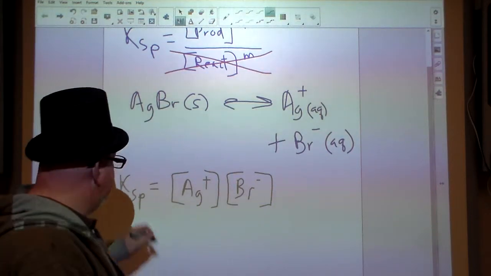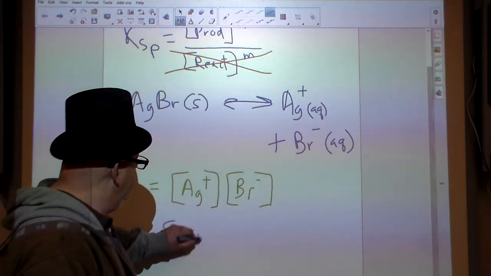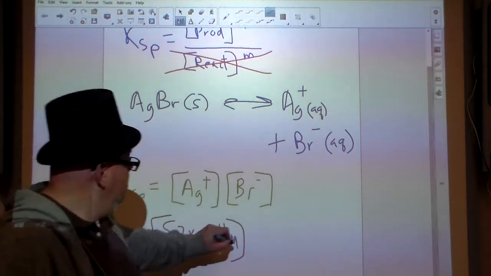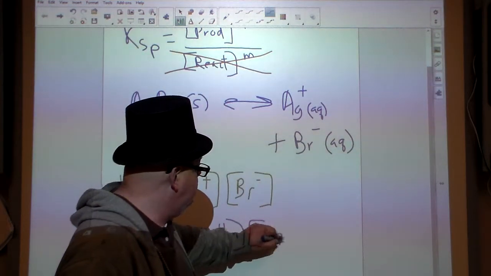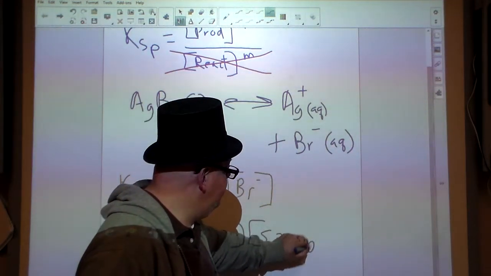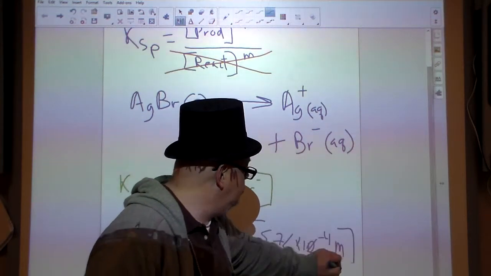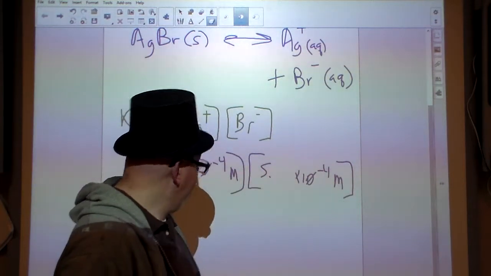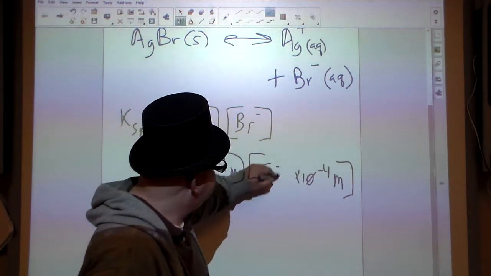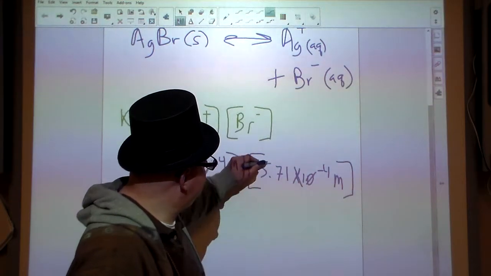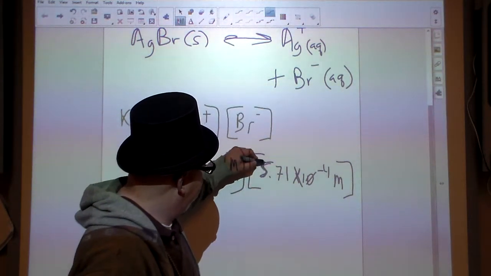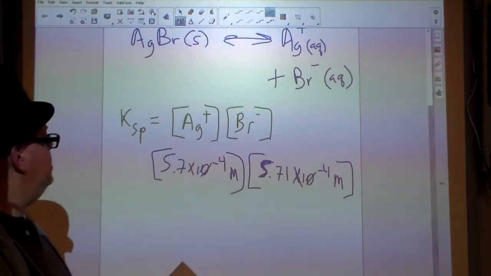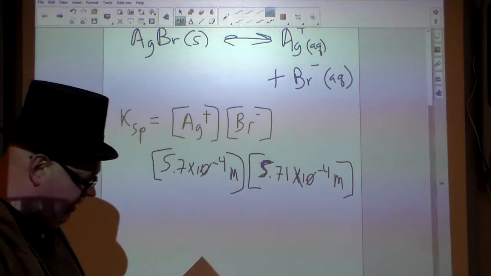So now we're going to plug in our values, our 5.71 times 10 to the minus 4 molar concentration multiplied by 5.71 times 10 to the minus 4 molar concentration again. Okay, and then we're going to multiply that.